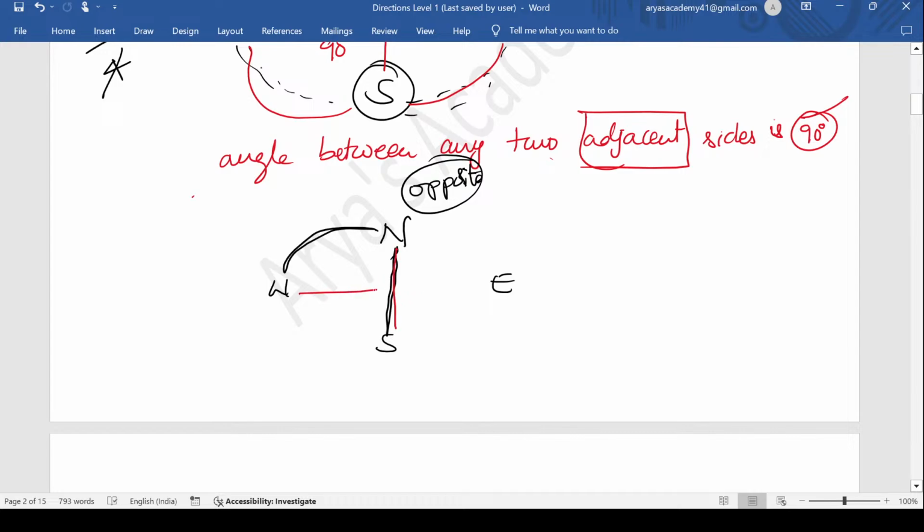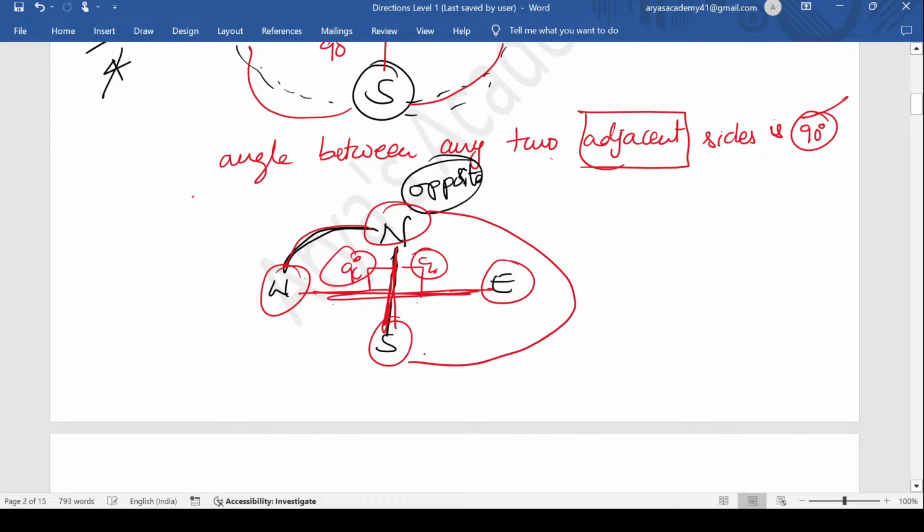There is 90 degrees between north and west, and this will be another 90. So total angle is how much? 90 plus 90. This straight line, or the angle between any two exactly opposite directions, is how much? 90 plus 90, that is 180 degrees. The angle between two adjacent, side by side directions is 90, whereas the angle between two exactly opposite or diagonally opposite directions is 180.